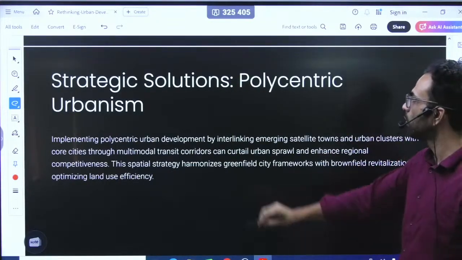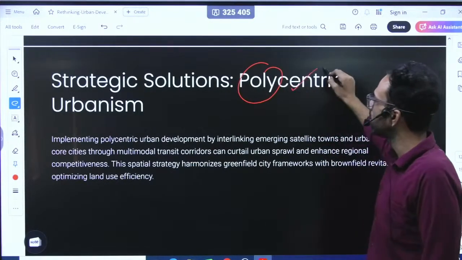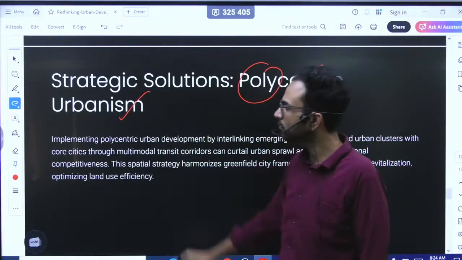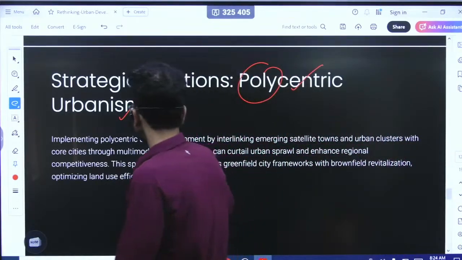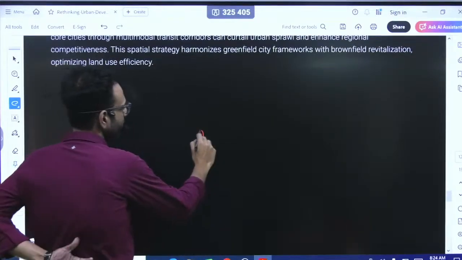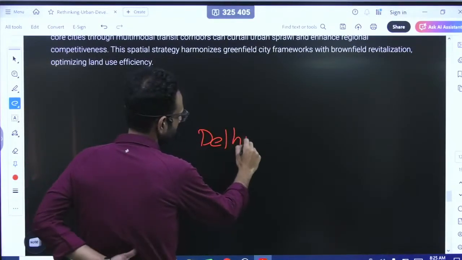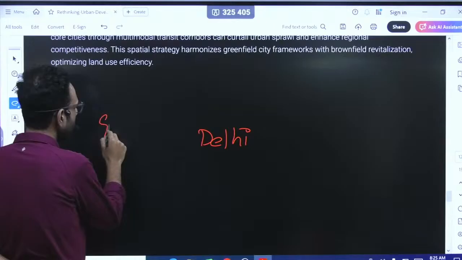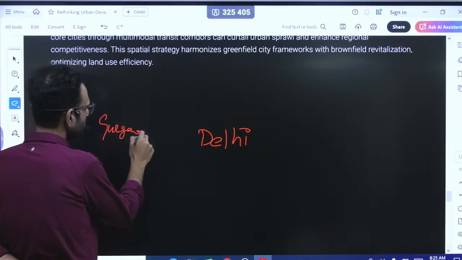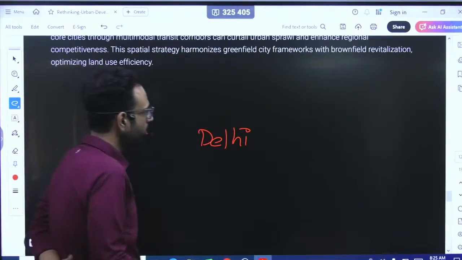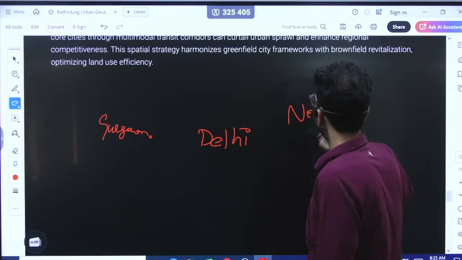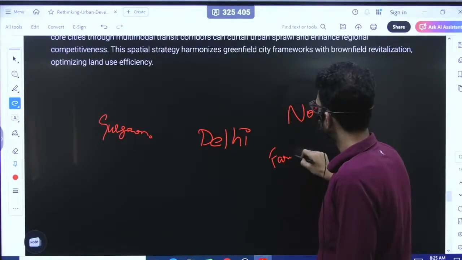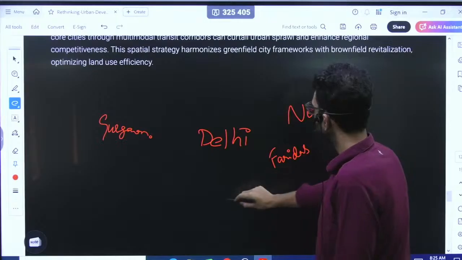Please note this word. Polycentric urbanism. Take the case of NCR. You have Delhi. On one front you have Gurgaon, Gurugram, as it is now called. On the other hand, you have Noida, Faridabad, Ghaziabad.